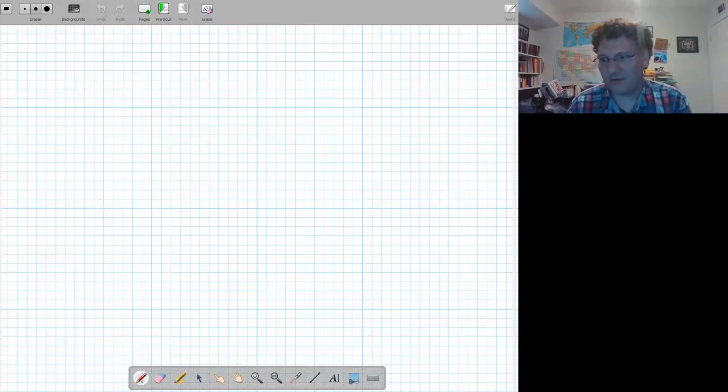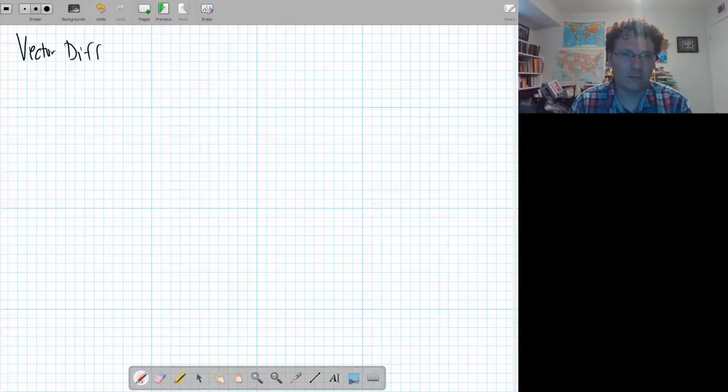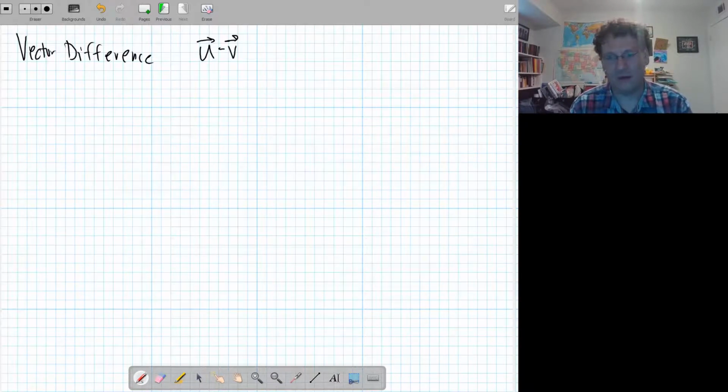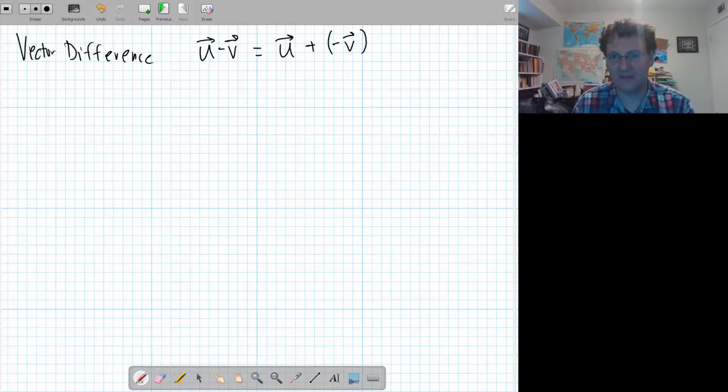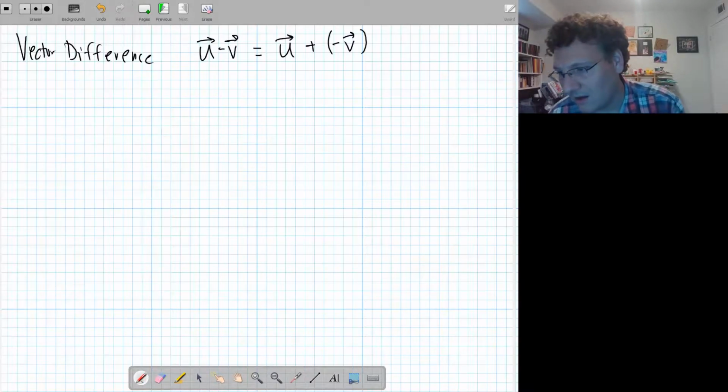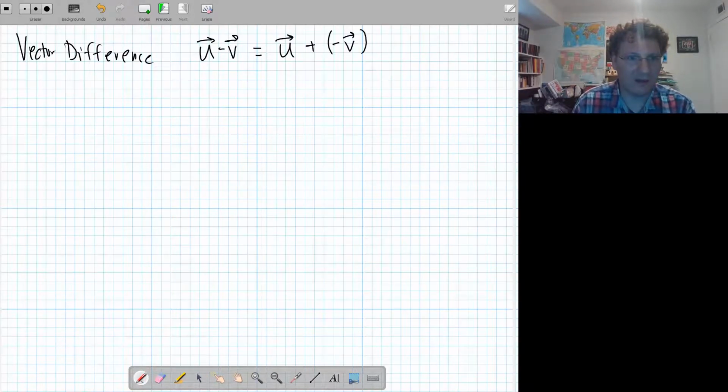Now, vector difference. To do subtraction of vectors, u minus v is defined as simply u plus negative v. So you go in the direction of u, and then you go in the opposite direction of v. I think it's always useful to illustrate these things, so let's have this.